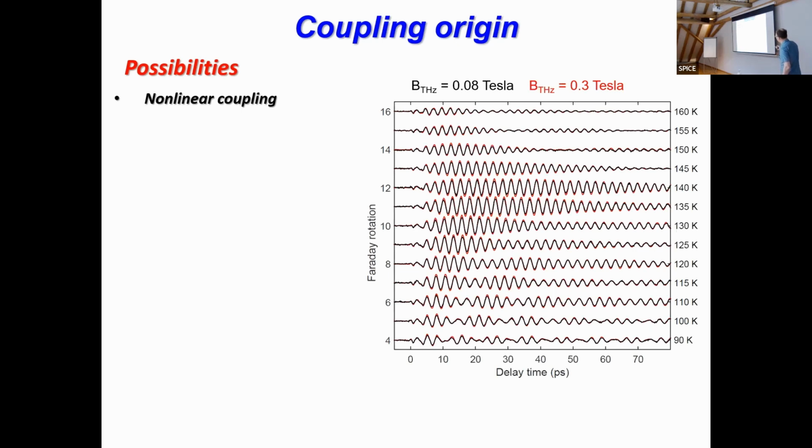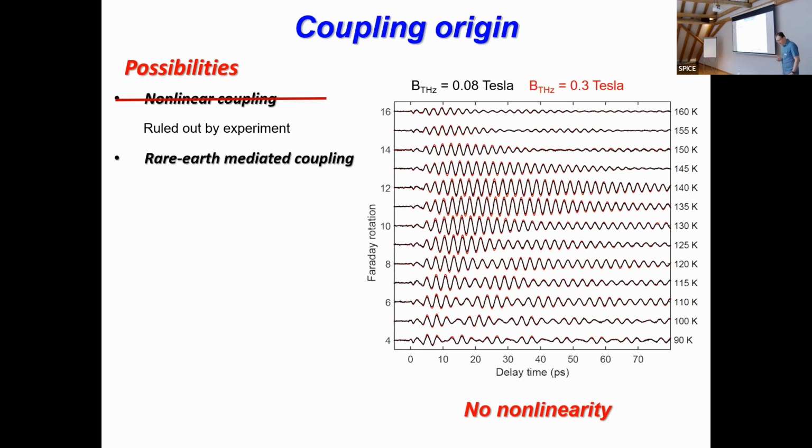So here you see the signals normalized with respect to these amplitudes, and they are practically identical, meaning that there is no nonlinearity, at least for the fields used in the experiments. So nonlinearity is ruled out.